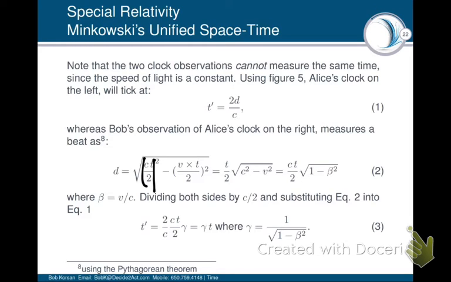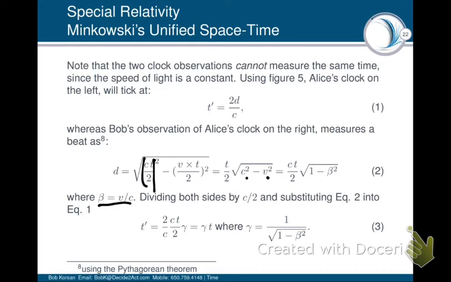When we now see that t over 2 is on both and they've got a square root, we get t over 2 times the square root of c squared minus v squared. So we can pull out the c, and we use a term called beta, which is v divided by c. So this is the same equation.